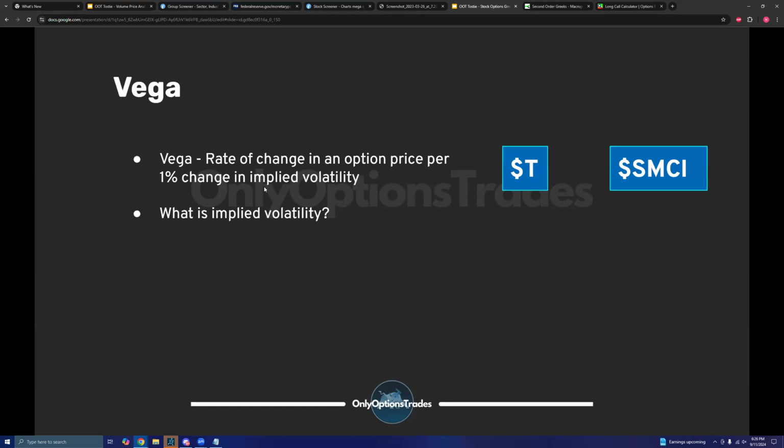Now, what is implied volatility? Does anybody actually know, or has anybody heard of the term implied volatility before? Anybody?